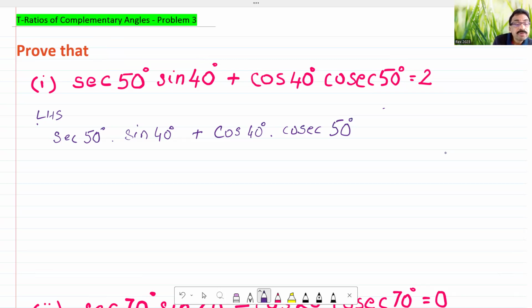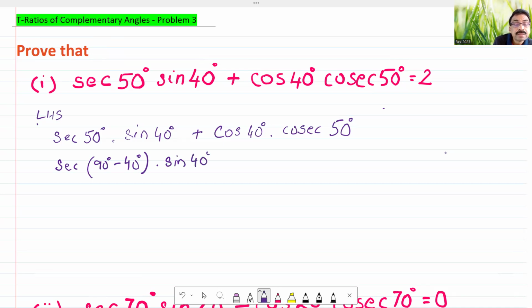Now sec 50 degrees, I'm going to change this to 90 minus theta format. So instead of 50, I'm going to write it as 90 minus 40 into sine 40 degrees.